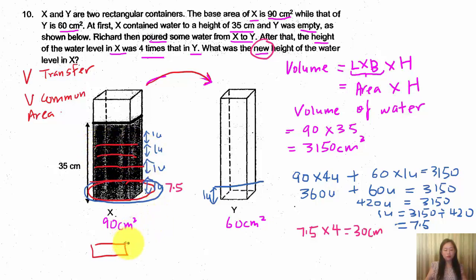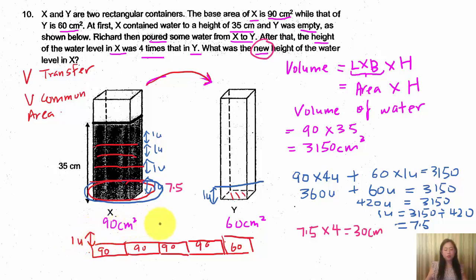So now the area has increased, but the height has not increased, and this area here is 90 cm square, 90 cm square, 90 cm square, 90 cm square, and it is joined to this 60 cm square, and the height is 1 unit.